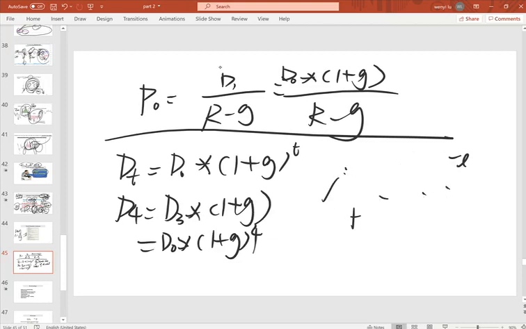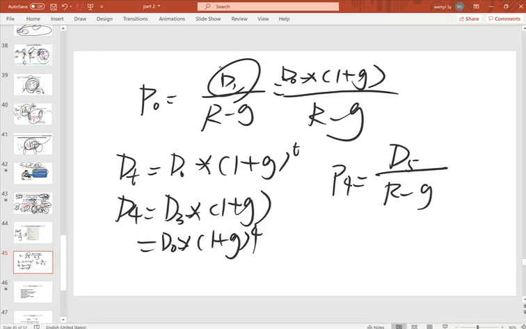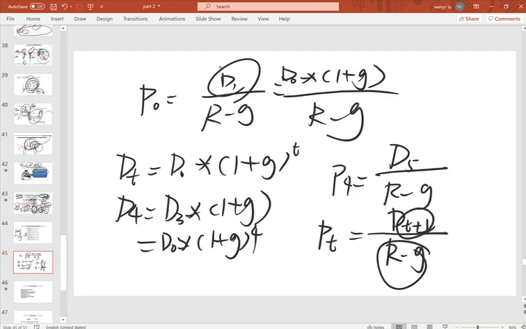So for the price of the stock at any time, we can do some calculations here. For example, P4 equals the dividend in the next period over R minus G. To be more general, Pt equals Dt plus 1 over R minus G. The next period dividend over R minus G gives the price of the stock at time t.